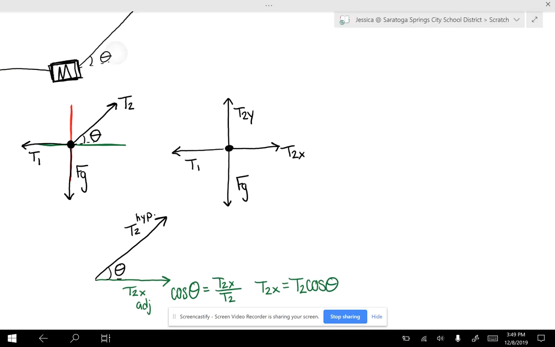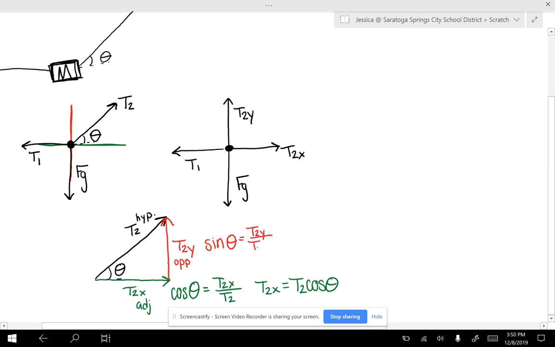And then in the y direction, okay, T2y is that vertical side of the triangle, which is the opposite side. Okay, so that means I need to use sine of theta because I have opposite and hypotenuse.